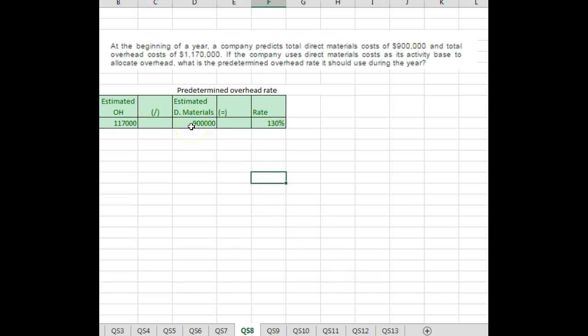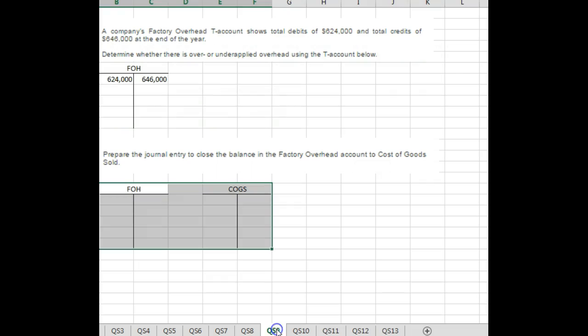And that will be done on all of the raw materials that are used. And we'll multiply that times whatever the raw materials is to come up with our applied factory overhead. So hang in there.